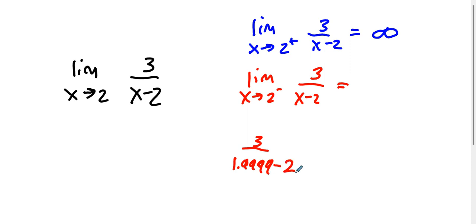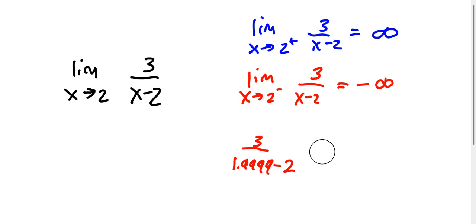This is going to be 3 over negative 0.0000, with a 1 on the end. We have the same situation, except it's negative this time. In a fraction, a positive over a negative is a negative. So we're approaching negative infinity from the left side.